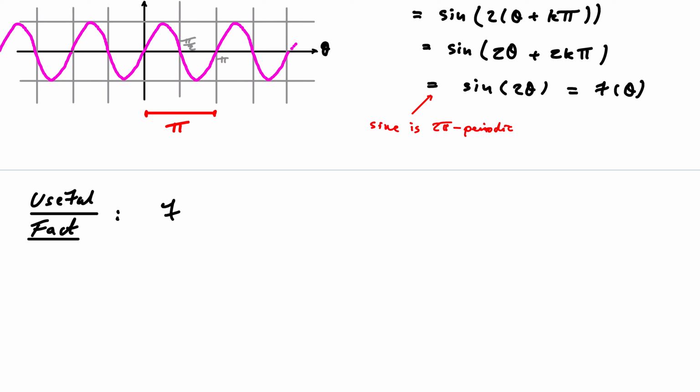If f of x is omega periodic, so it repeats in blocks of omega, then if you transform it as f of c times x, where c is a non-zero constant, so c strictly bigger than naught, let's say, then this is omega divided by c periodic. That's a nice exercise for you to check.